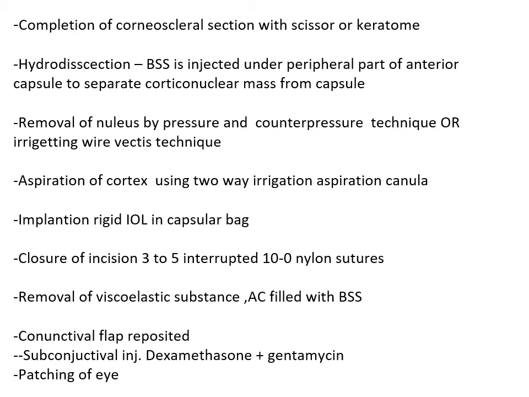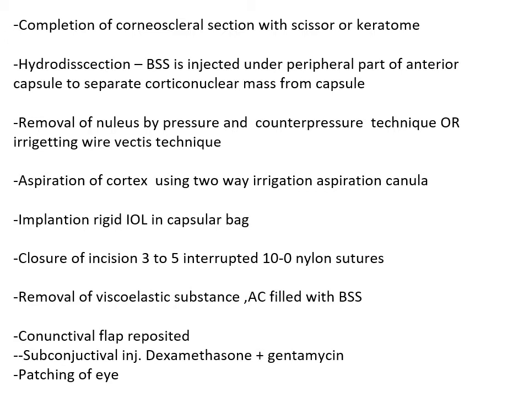Then after the capsulotomy, the completion of the corneoscleral incision is done with the help of corneoscleral scissors or keratome. Then hydrodissection, that is separation of the corticonuclear mass from the capsule, is done by injecting BSS under the capsule. Then once the nucleus is separated, it is rotated and delivered out with the help of the counter pressure technique or irrigating wire vectis technique.